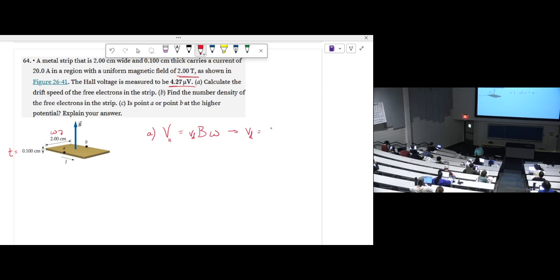So v sub d is equal to the Hall potential divided by magnetic field strength times width.